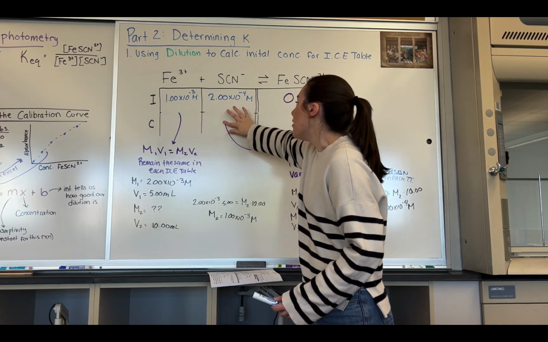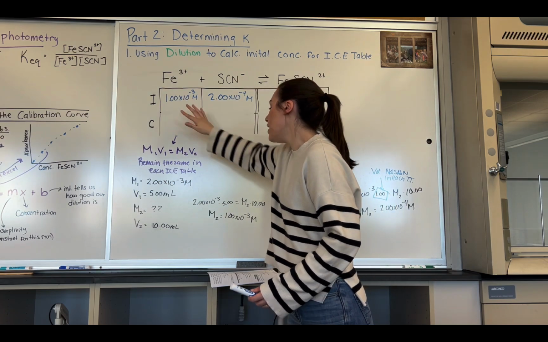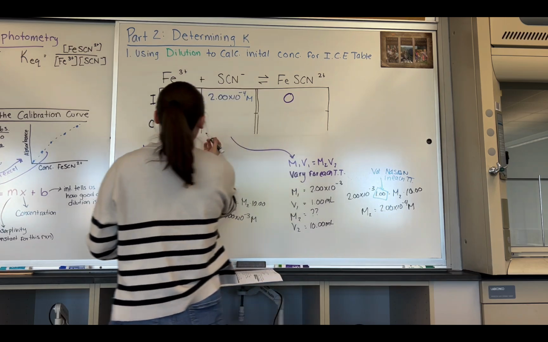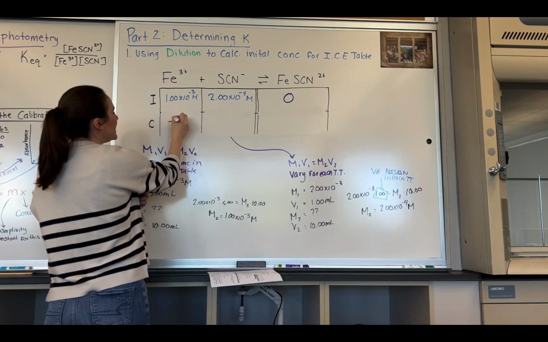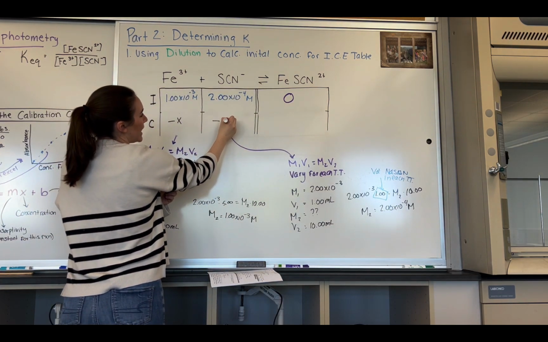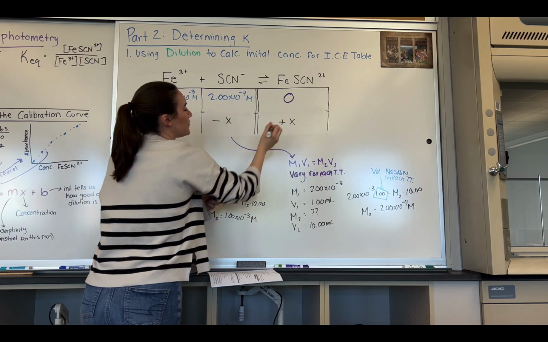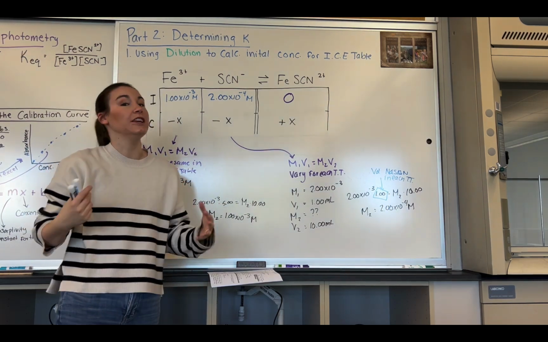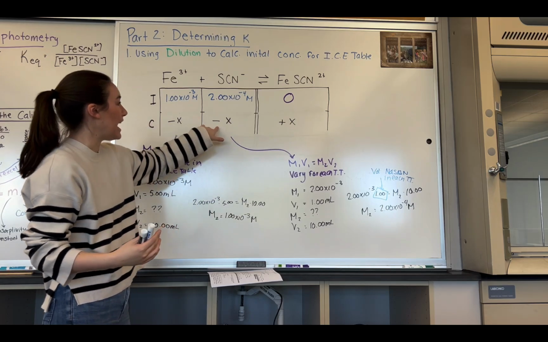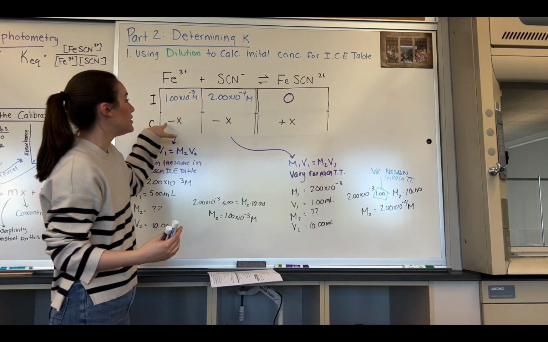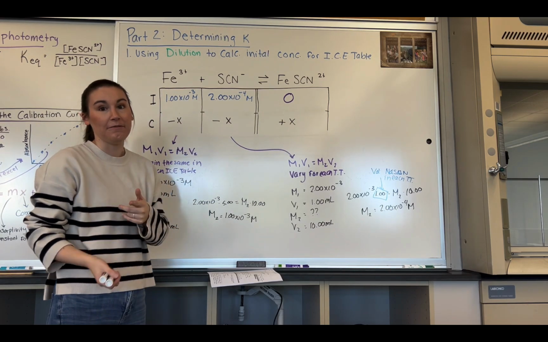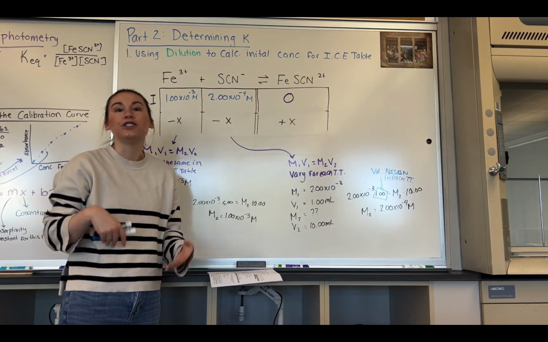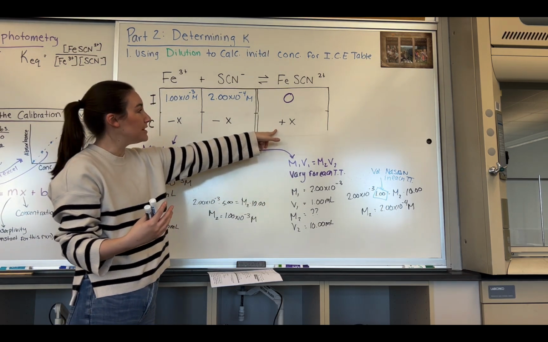So we know that our change row is just going to be minus x, minus x, plus x. We show that our reactants are decreasing in concentration or being used up by showing the negative sign. So we can say that their initial concentrations are decreasing by some factor. And we can show that the iron thiocyanate concentration is increasing with this positive sign.